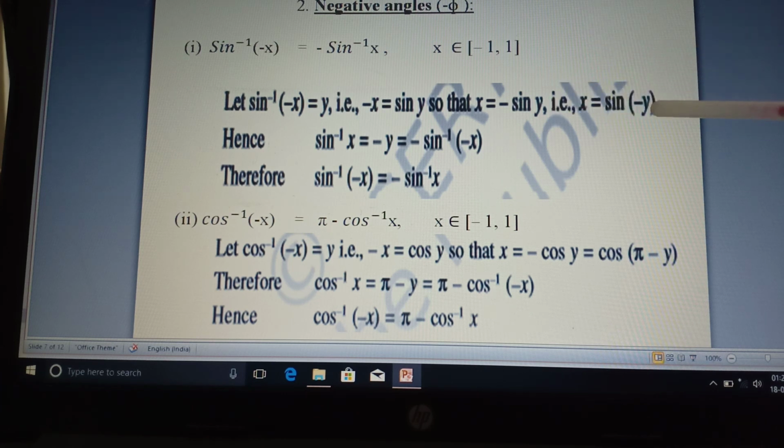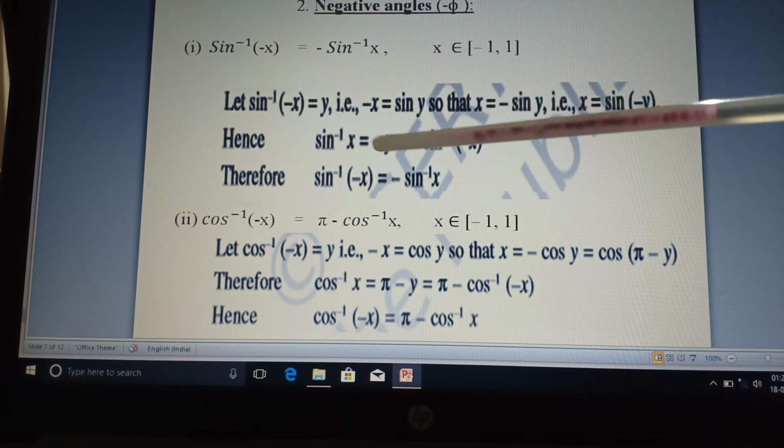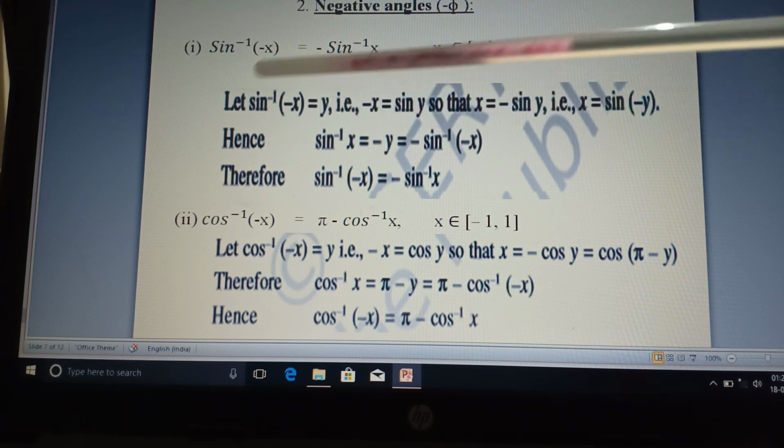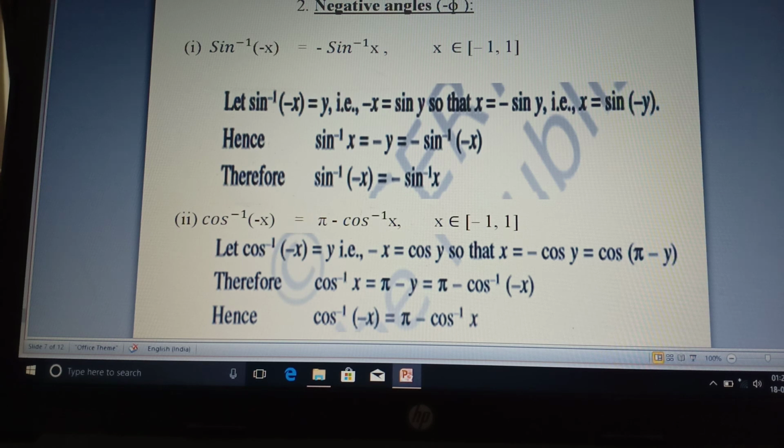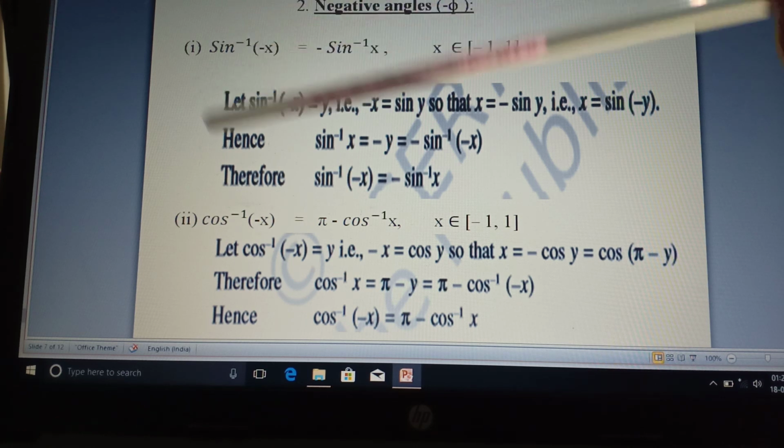So x is sine of minus y, so sine inverse x equals minus y. Putting the value of y, you can show that sine inverse minus x equals minus of sine inverse x. Using this, we can prove the other inverse trigonometric functions in terms of negative angle.